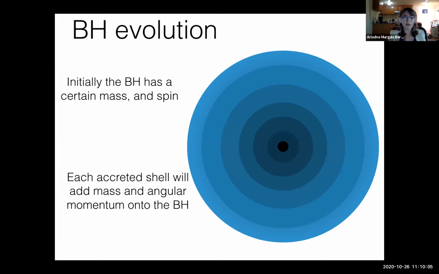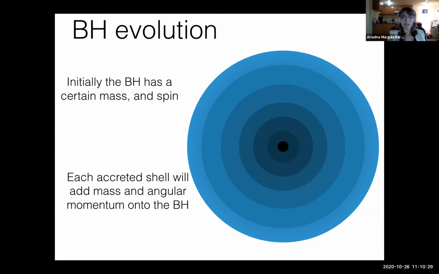So let me discuss how the black hole will evolve as material falls into it, which is going to be very important to explain the direct collapse. Initially, the black hole has a certain mass and spin, and this determines the location of the innermost stable circular orbit, or the ISCO. As material is accreted, the angular momentum and the mass of the black hole are going to change.